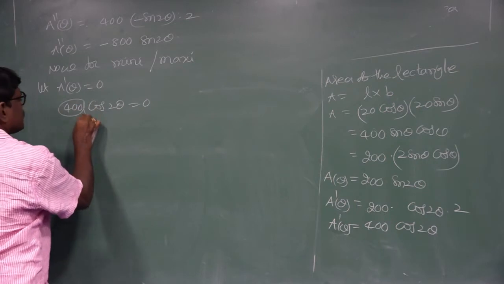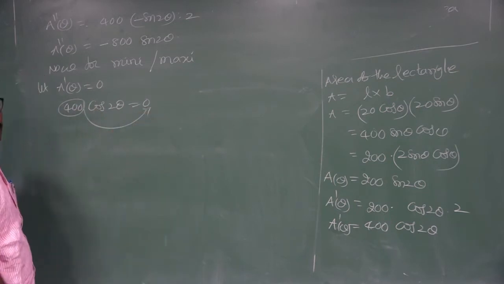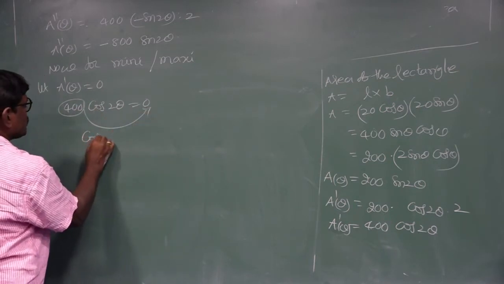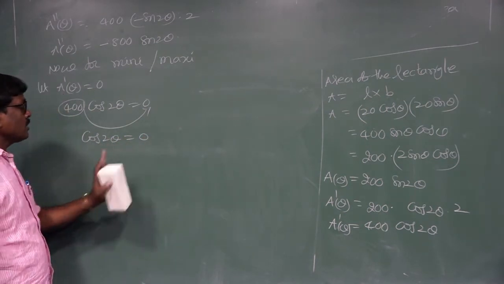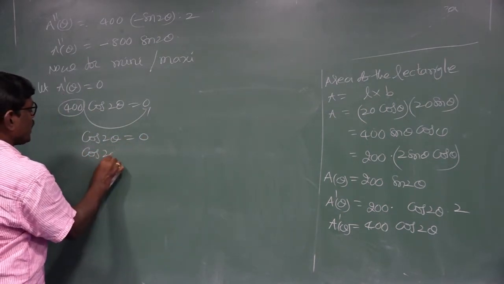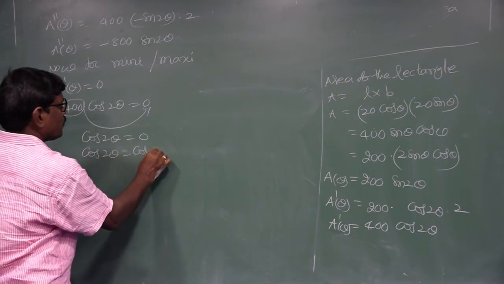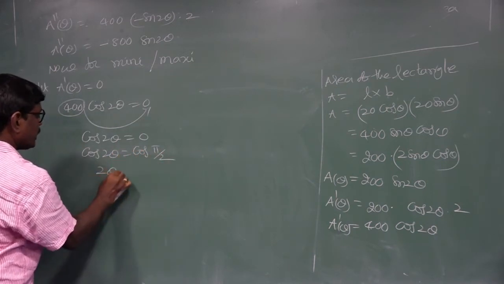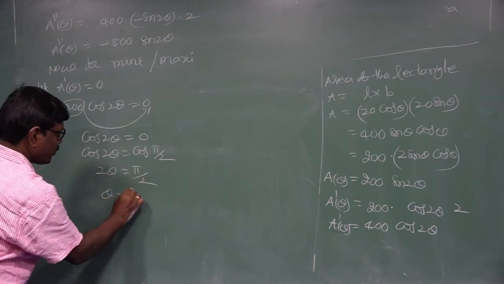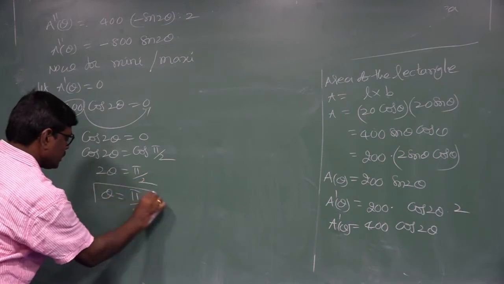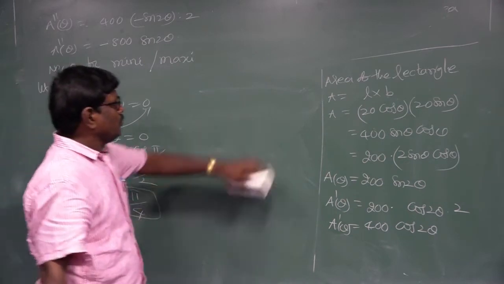Cos 2 theta equal to 0. Zero value in terms of cos 2 theta equal to cos pi by 2. 2 theta equal to pi by 2. Theta equal to pi by 4.